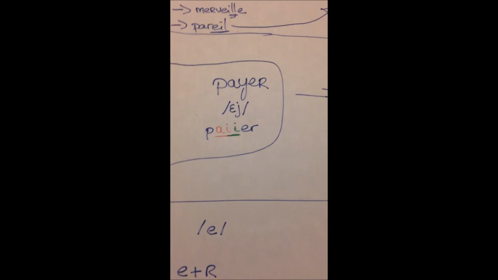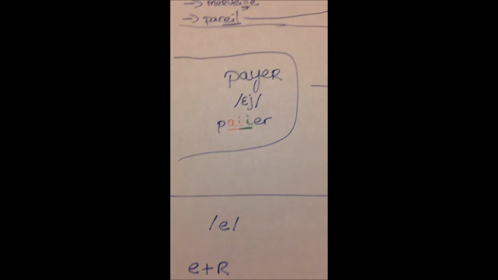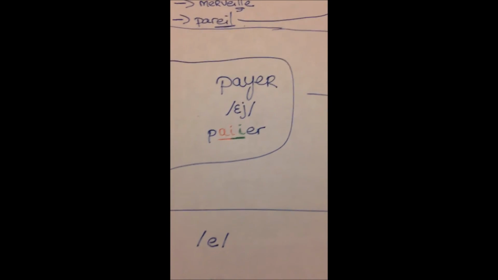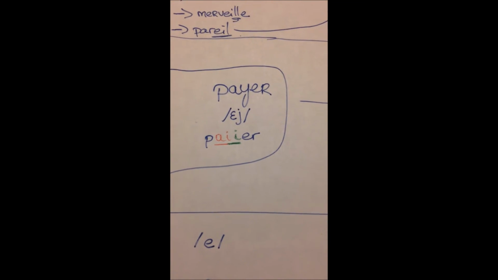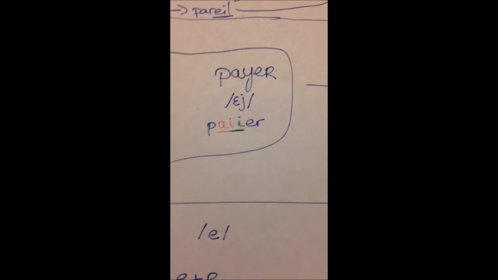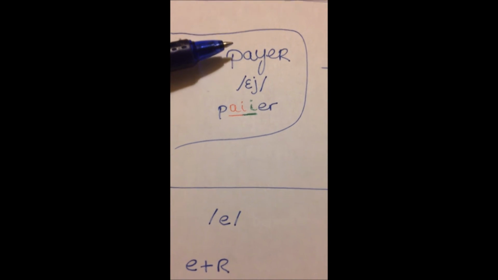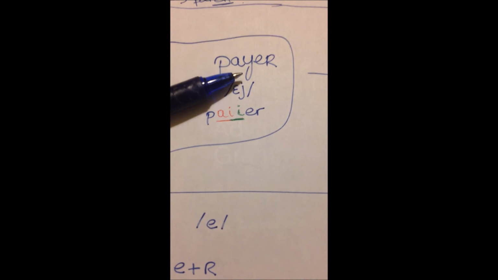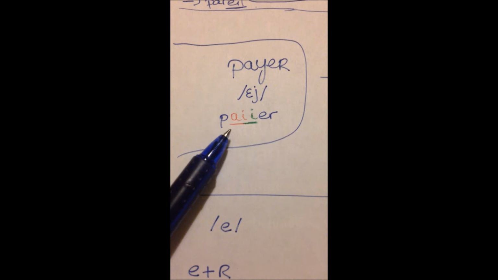Alright, so now I'm going to talk about when you add a Y after an A. Like in the word payer, I told you about that in the third part of the French alphabet. Remember that you don't pronounce it as pay-er, you say pay-yer, because the Y acts as if it was two I's together, so it's as if it was written like that.